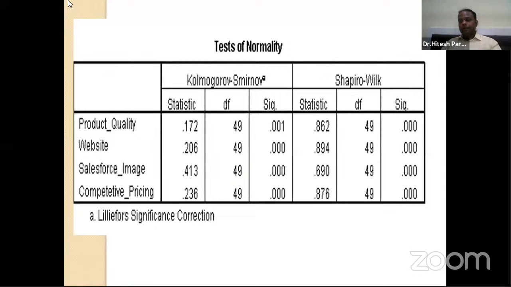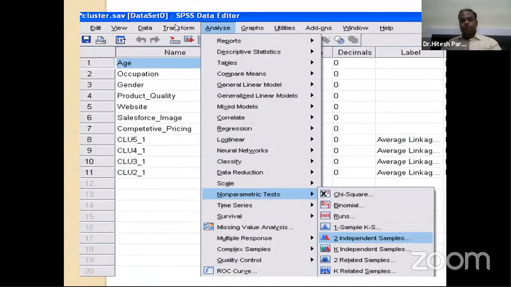Understood, everybody? Okay. So we'll go for a non-parametric test. Click on Analyze, Non-Parametric Test, and if you have a higher version, then go for Legacy Dialog.